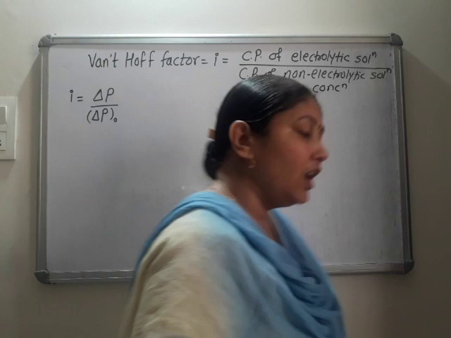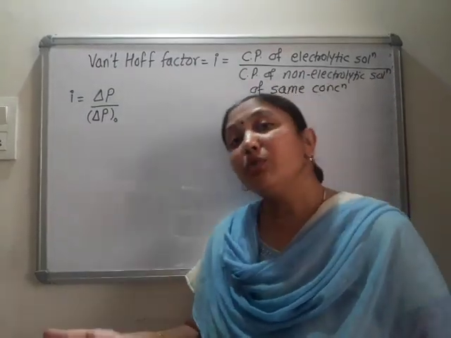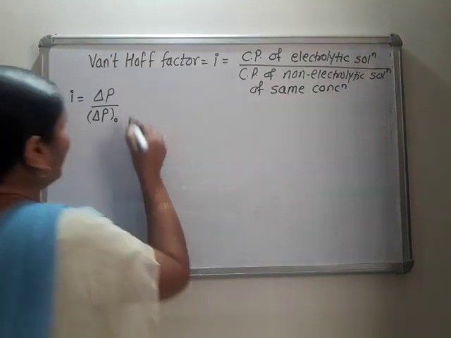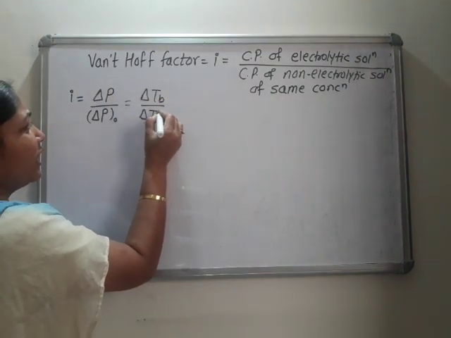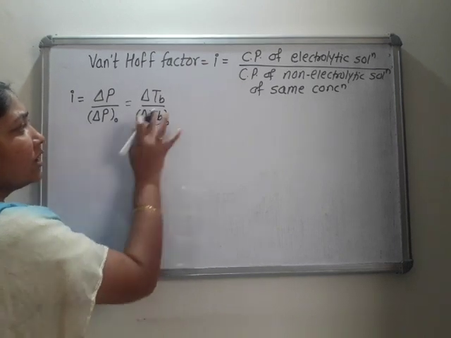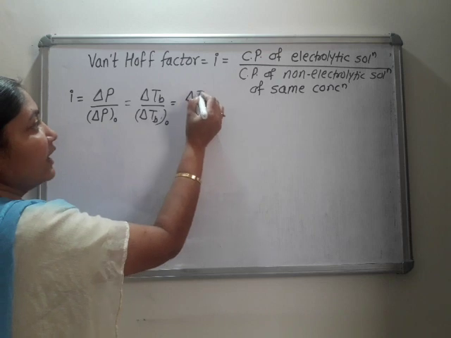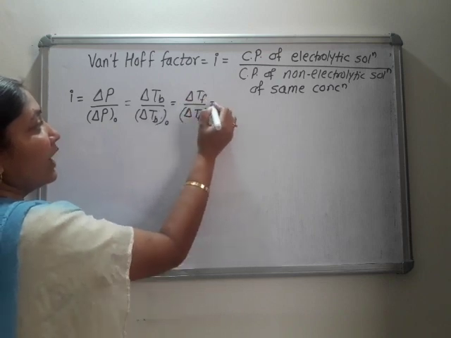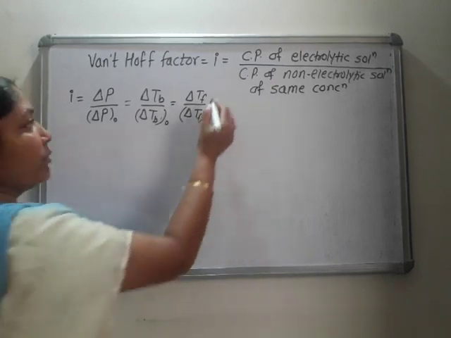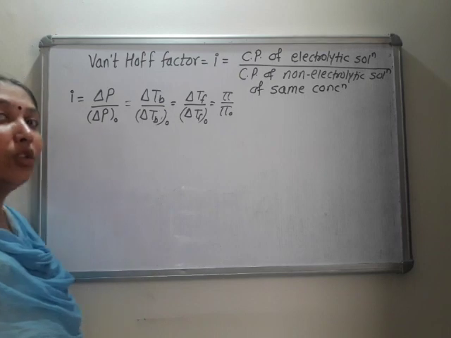So delta P upon delta P naught is i. In terms of elevation of boiling point, we can say delta Tb upon delta Tb naught. Similarly, in terms of freezing point, delta Tf upon delta Tf naught, and in terms of osmotic pressure, pi upon pi naught.